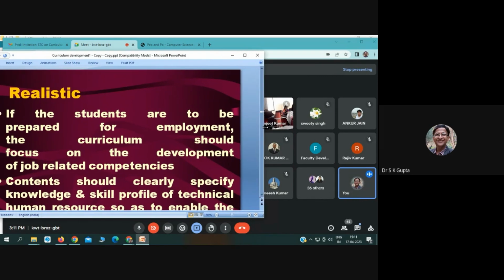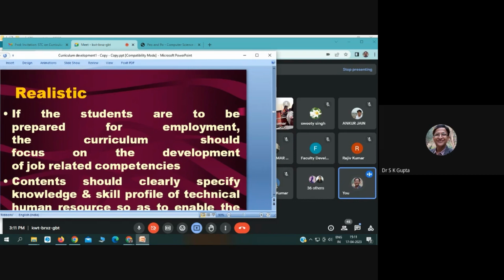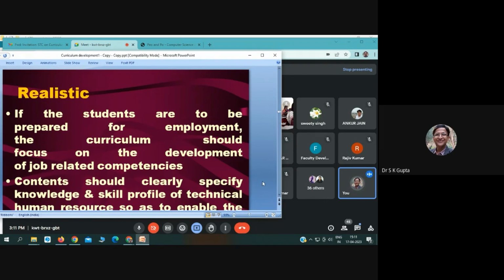Because sometimes we prepare a very hi-fi curriculum, then we do not have the faculty to teach that curriculum, nor do we have resources to implement it. So we should balance what the requirements of the industry are and what should be taught to the students, so that our students are employable.